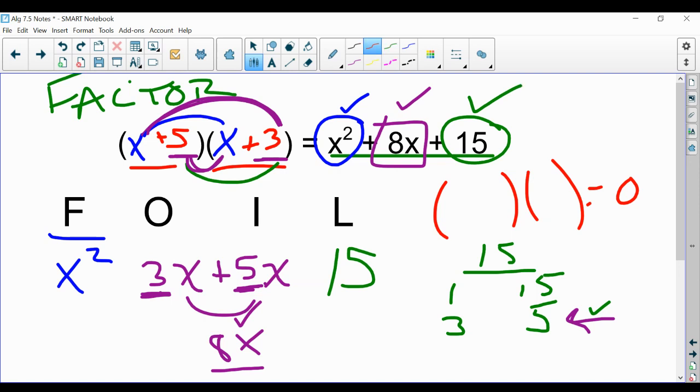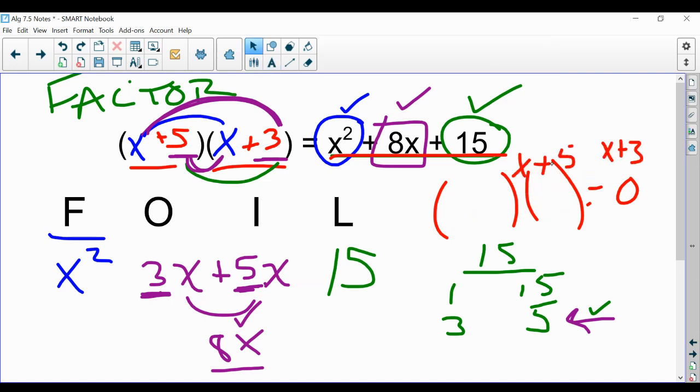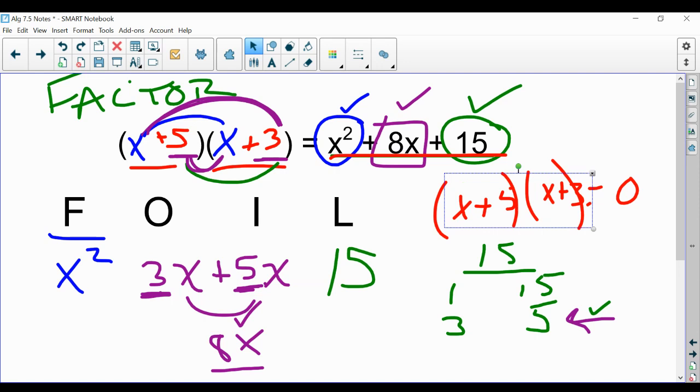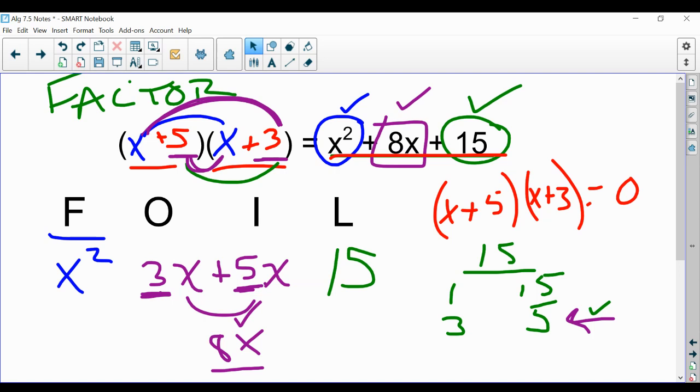So it looks like the factored version of this trinomial is (x plus 5) times (x plus 3). And again, it does not matter which one you write first. Whether you write (x plus 3) times (x plus 5) or (x plus 5) times (x plus 3), it's a product. It doesn't matter.